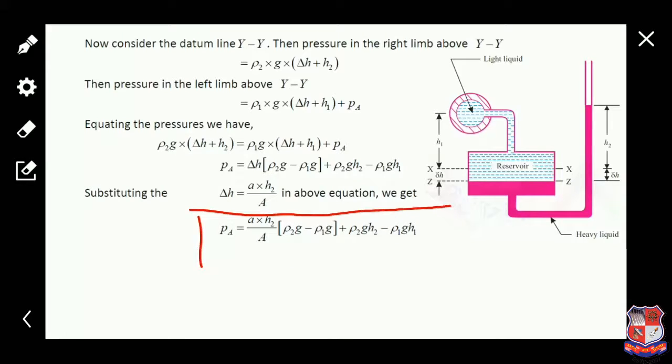This is the equation for measurement of gauge pressure in the case of a single column manometer.